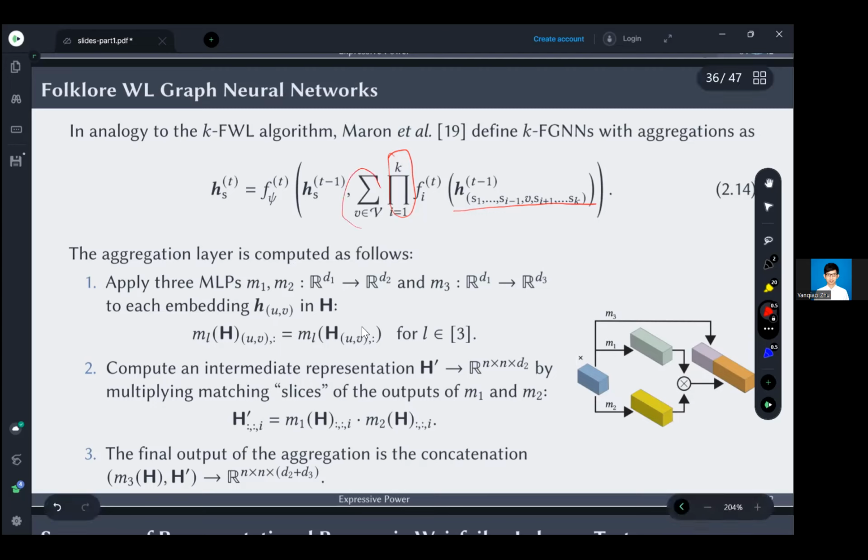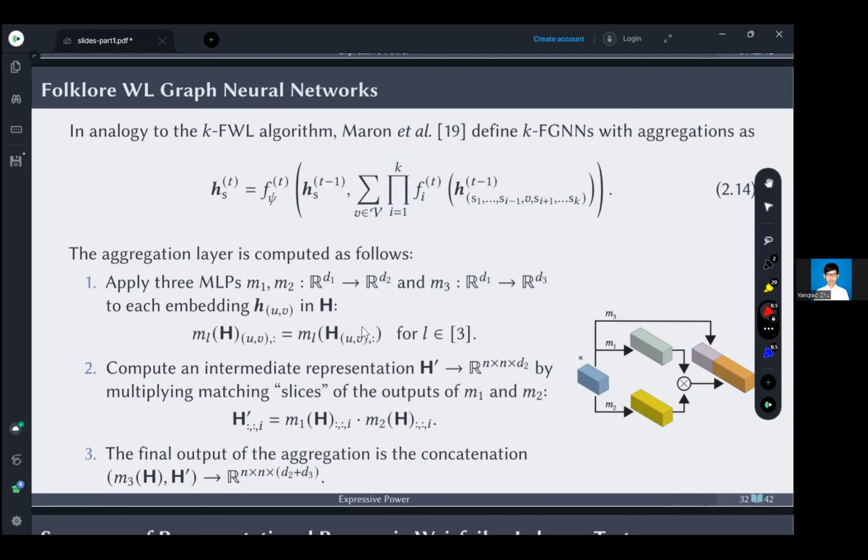And after that, you aggregate the node-level information from every k-tuple, followed by the same update rule. And here I can give you some intuition why it has to multiply the representations.